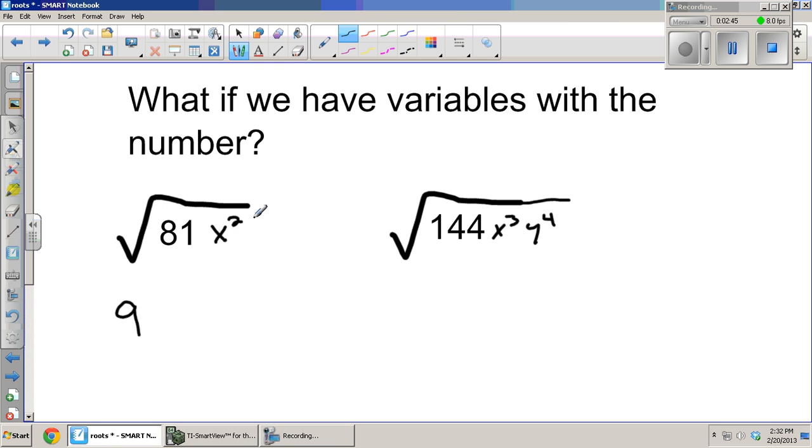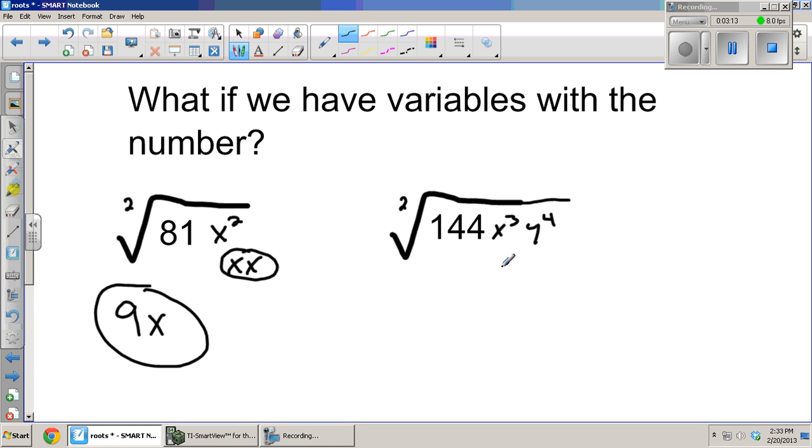Now the best way I've found with variables is to list them out. I have two x's here. If I'm talking about a square root, which we work with the most, there's an implied 2 here. So I'm looking for groups of 2. Here I have a group of 2, so I can pull an x out. So my answer would be 9x.